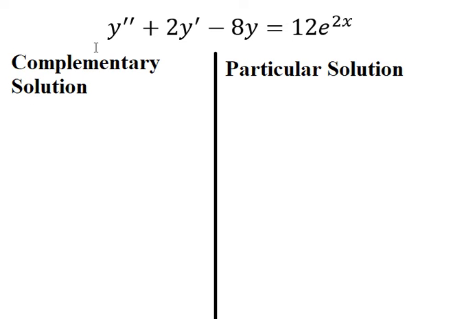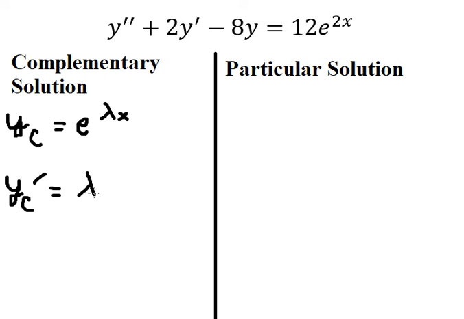So about the first one, I will put yc equals e to the power of lambda s. Later we do the first derivative of this one. We have lambda e to the power of lambda s, because if we do the first derivative of this one, we keep this one the same.